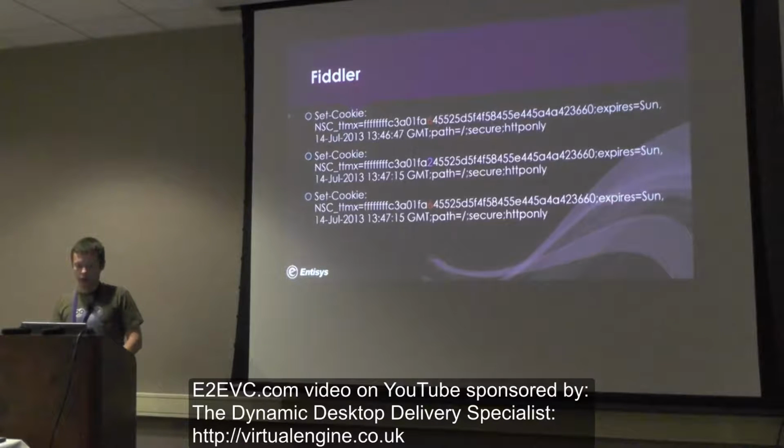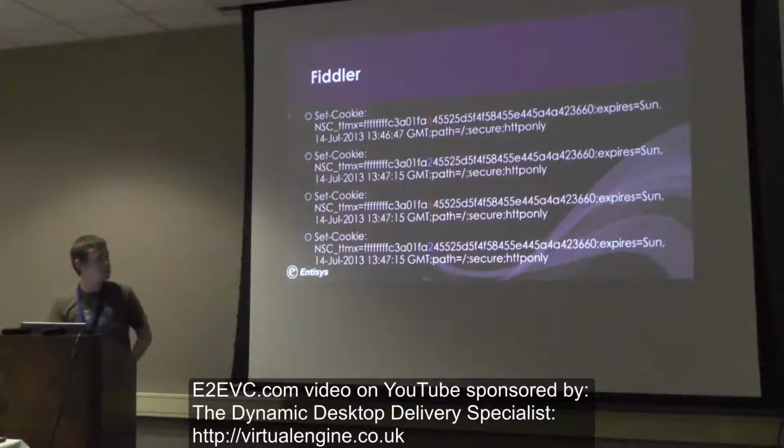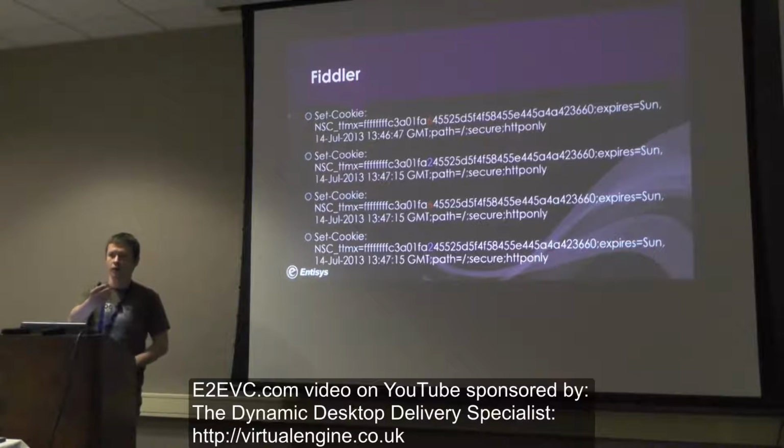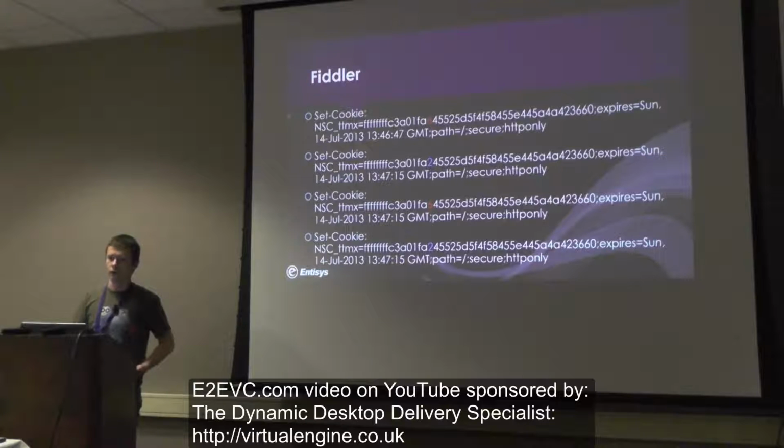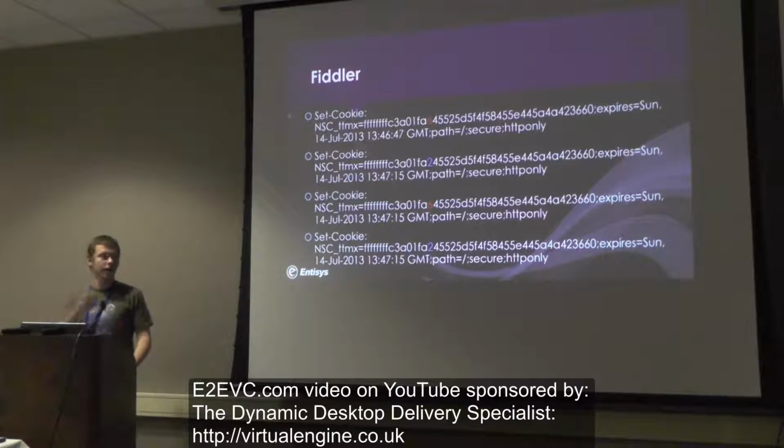If I grab 4 requests and 4 responses from the NetScaler, I will see that the cookie is different. Because we are not sending the cookie in the request, NetScaler treats it as a completely new connection, a completely new user, and redirects to another node of the load balanced pair.